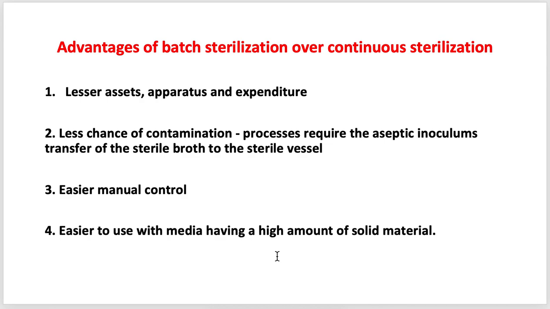Actually, it's almost negligible. So if we want to sterilize media which contains a high amount of solid material, batch sterilization will be a better choice. Anyway, that was all about lecture 3. Thank you for your patience.